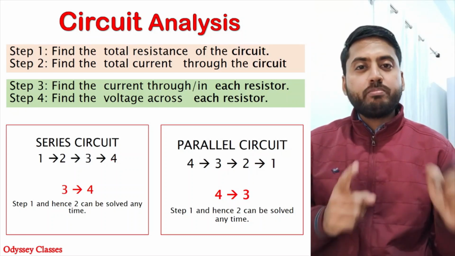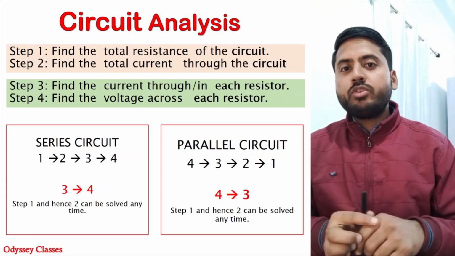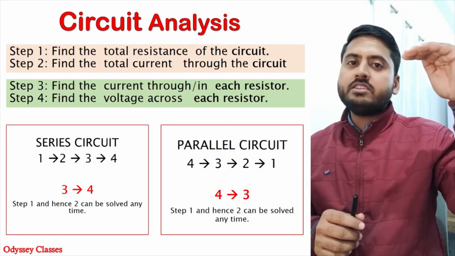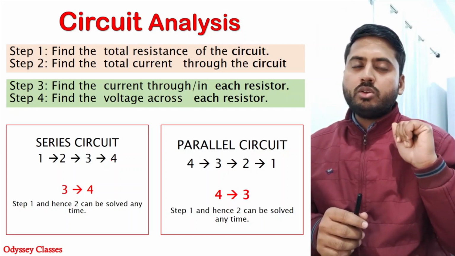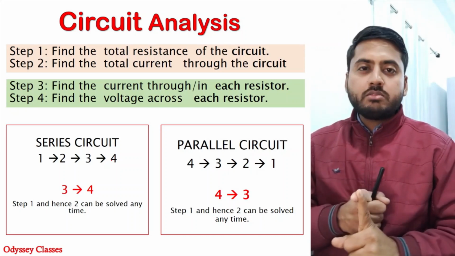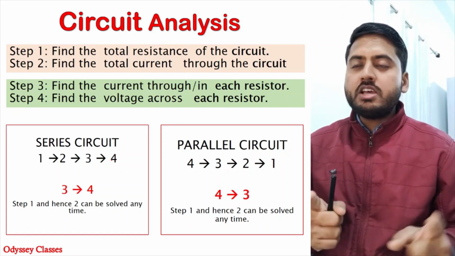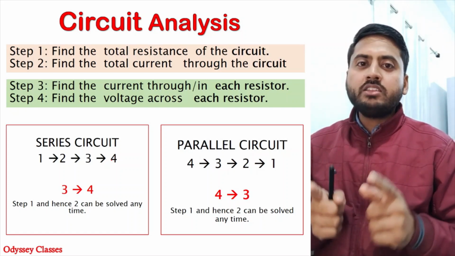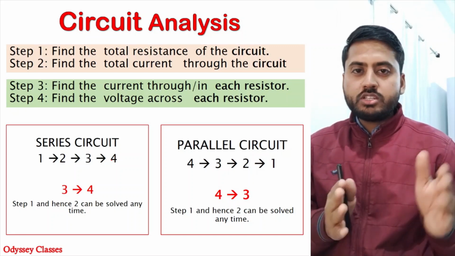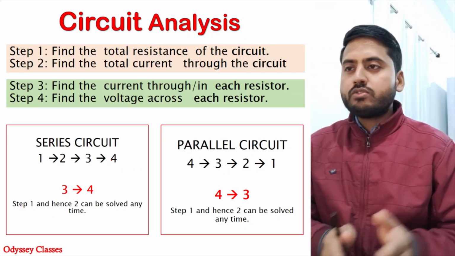Whereas in case of a parallel circuit, we will start with step 4, then step 3, then step 2 and then step 1. Well, this is not a fixed or a rigid rule. We are all flexible to solve in our own ways, but this is very, very simple and you will never find yourself stuck in the question. So this is the flow of solving the question.